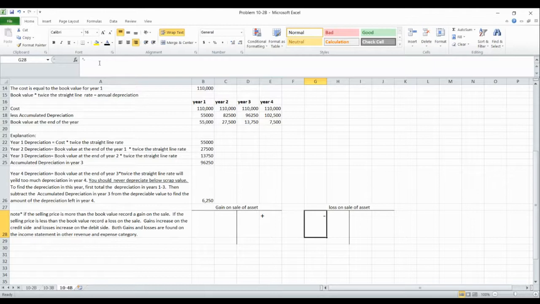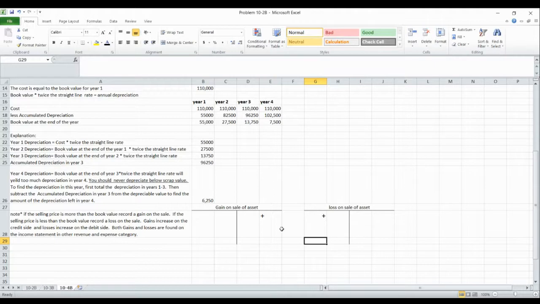Let's see if I can change that. They're going to increase on the debit side. Here we go. Losses increase on the left side of the account, the debit side, and they will decrease, of course, on the right side.